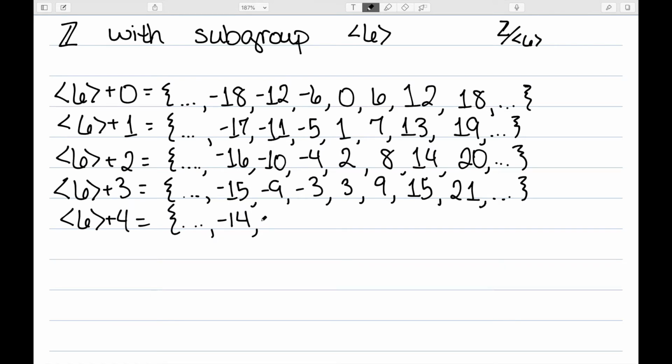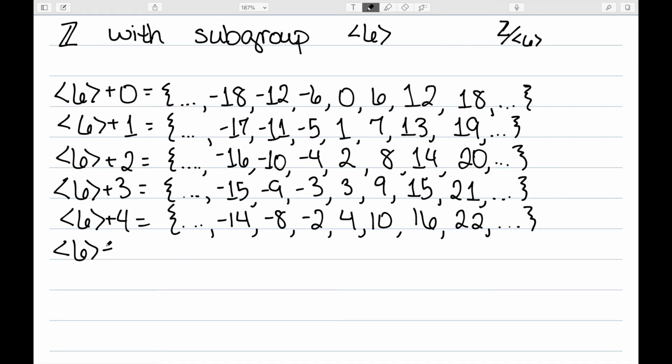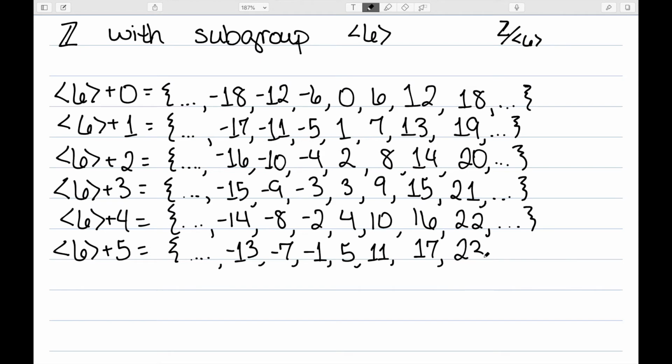Now we have negative 14, negative 8, negative 2, 4, 10, 16, 22, etc. The subgroup generated by 6 plus 5 would be minus 13, minus 7, minus 1, 5, 11, 17, 23, etc. And if we try to add 6, we would get back to where we started and we would just cycle through. These are all of the possible cosets.